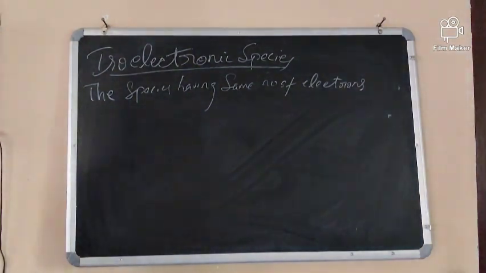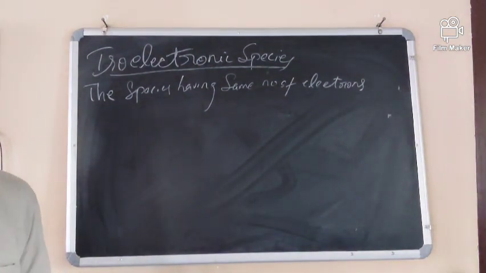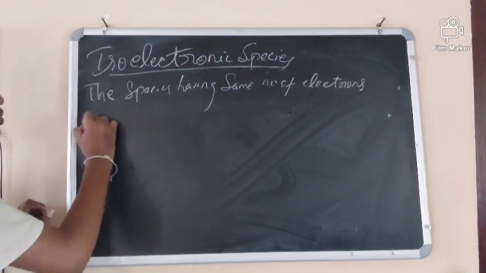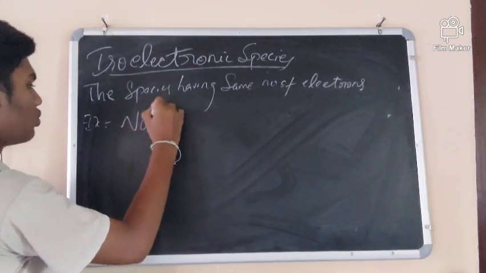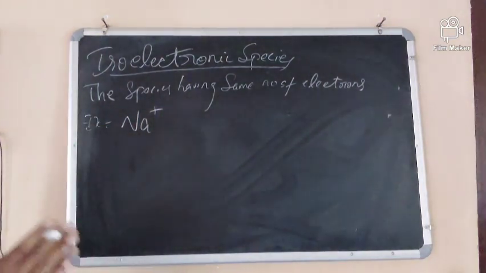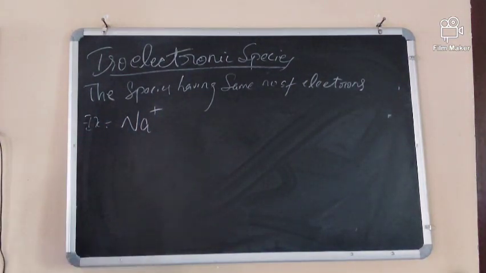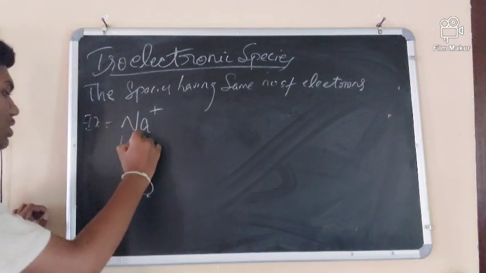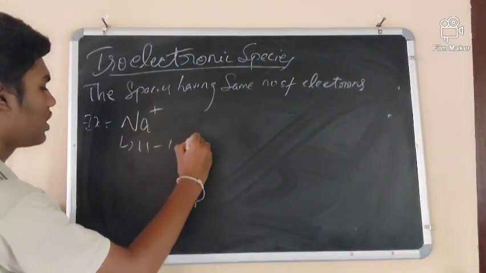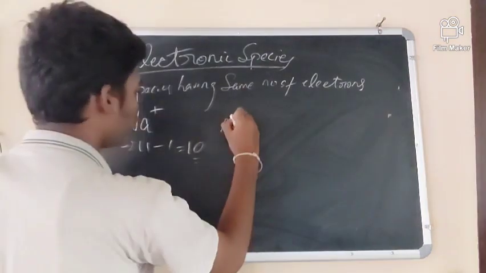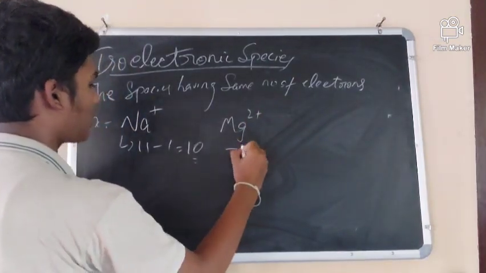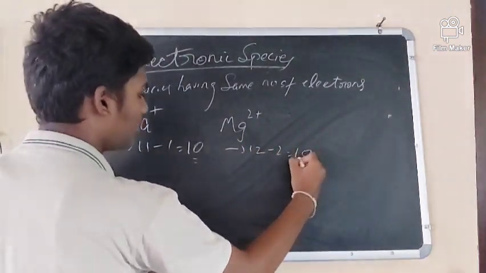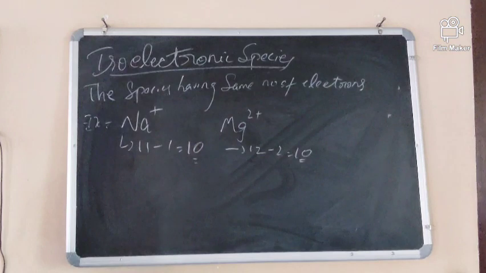We know that the number of electrons is different for different atoms, but when we calculate according to their charge, they may be similar. For example, Na+ means one electron loss. The actual electrons of sodium is 11, but losing one electron it gets 10. Similarly Mg2+, actual electrons are 12, losing 2 electrons it gets 10. So they have the same number of electrons, so they are isoelectronic species.